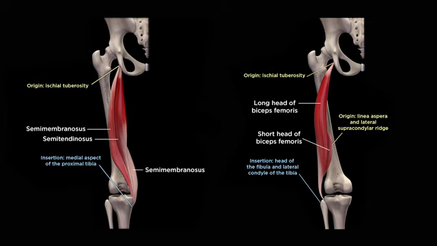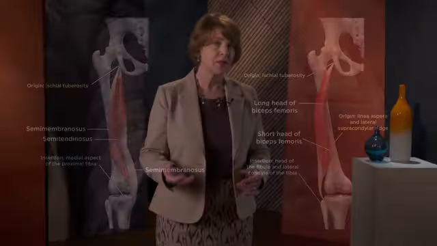And I tell my students to allow the F in femoris to remind them of the fibula, since biceps femoris heads laterally toward the fibula. But how do you sort out semitendinosus and semimembranosus, they ask?